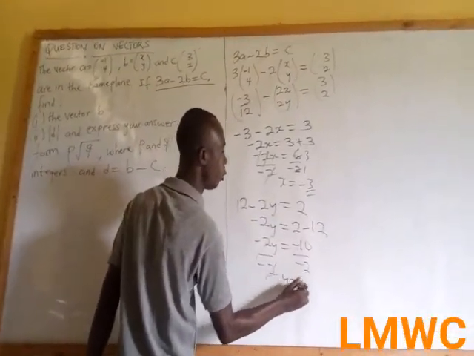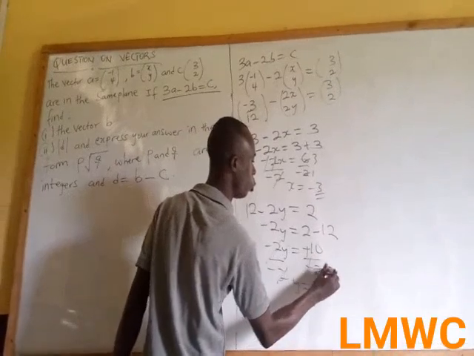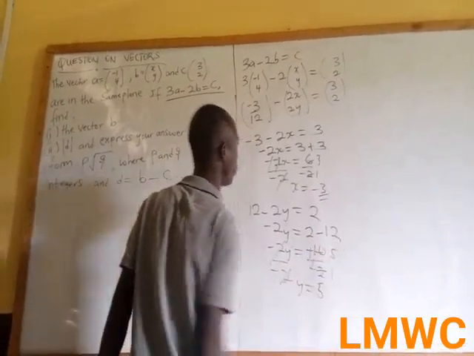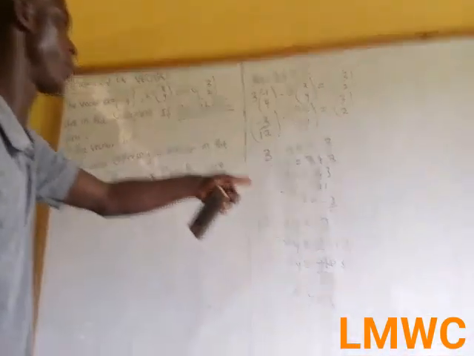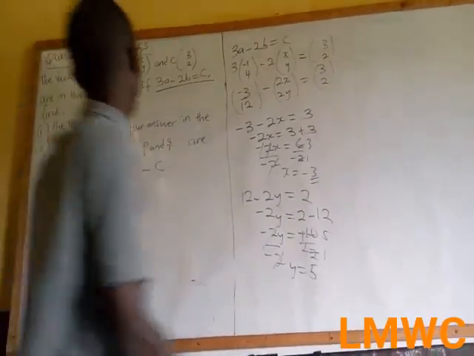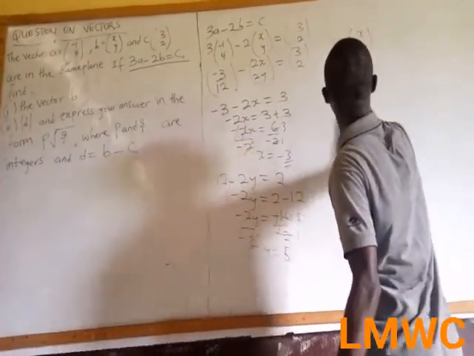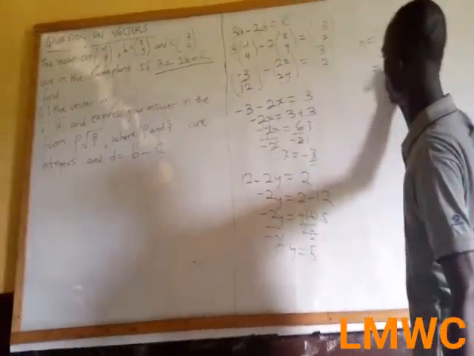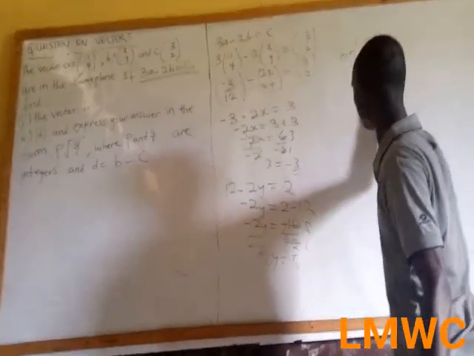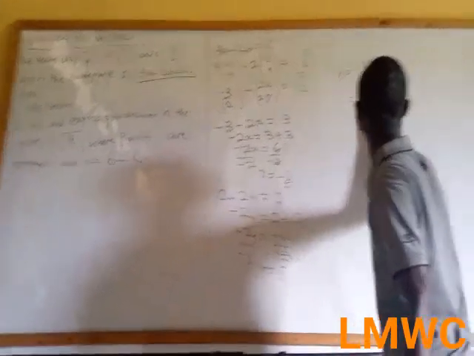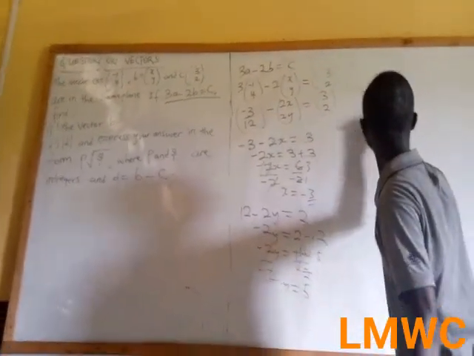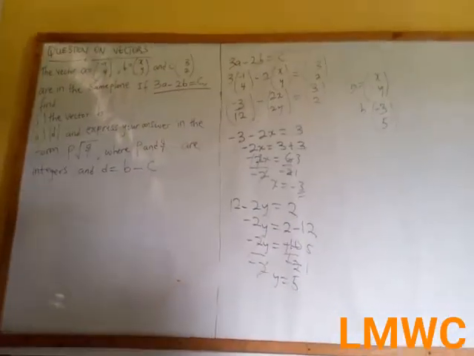And we are getting y to be 5. So we have x as negative 3 and y as 5. This means our vector B is (-3, 5).